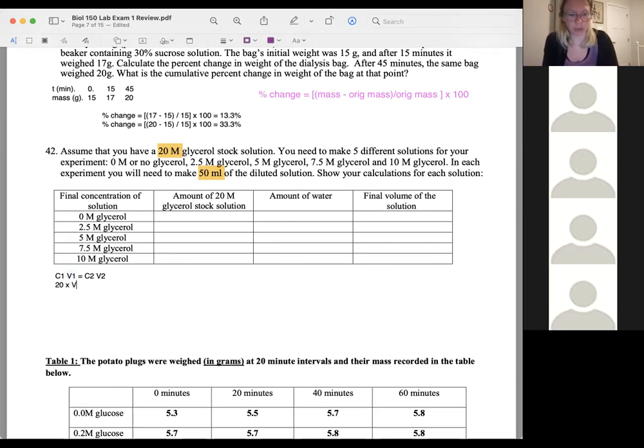So we have 20 times V1. For C2, let's start with the 2.5 molar solution first. So 2.5 times, what's our final volume? 50. Right, the 50 milliliters. And so now we can solve for V1.